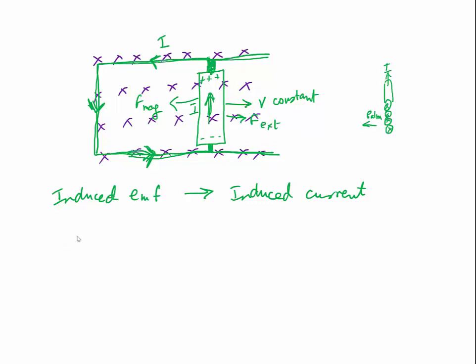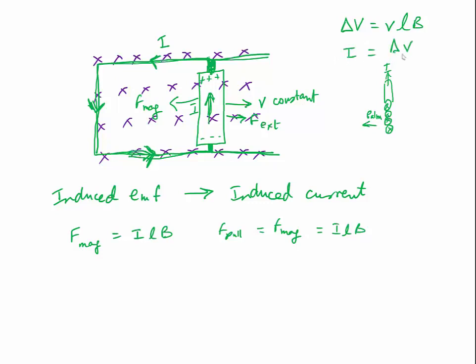So let's see what these forces would be. We know that the F magnetic would be I times L times B, and the F pull has to be equal to F magnetic in order to have a constant V. So the F pull will also be equal to I times L times B. And from the previous slide, we had an expression for delta V equal to V times L times B. So using Ohm's law, I have the current as delta V over R, which would be VLB over R, where R is the resistance of the circuit.